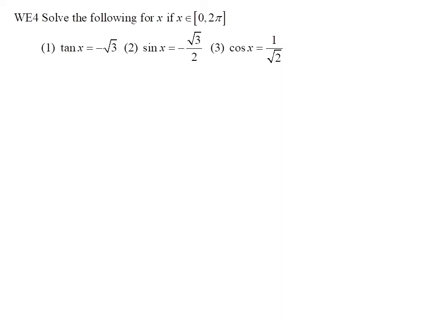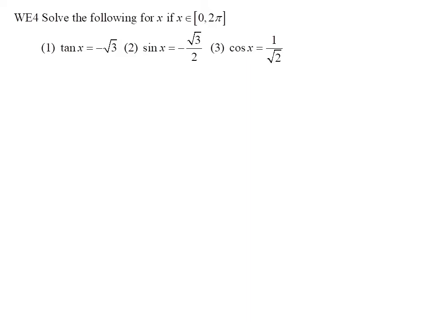Example 4 is to solve three simple circular functions given that x is between 0 and 2 pi. Here we apply the general solution forms for sine, cosine, and tangent functions, and you may learn how to use this technique to solve similar questions.